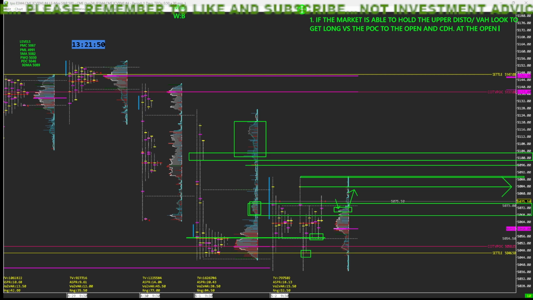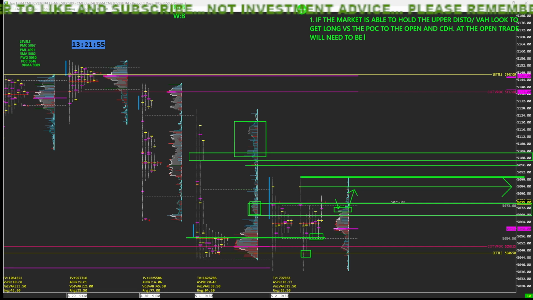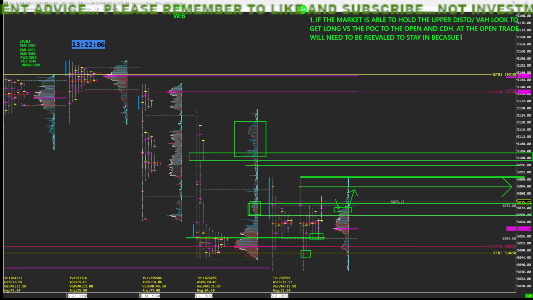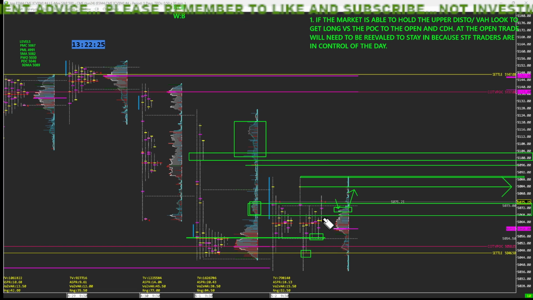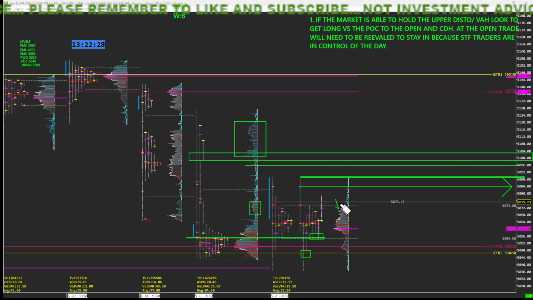At the open, trade will need to be re-evaled to stay in, because short time frame traders are in control. Day. All right, so that's basically the first step, right?